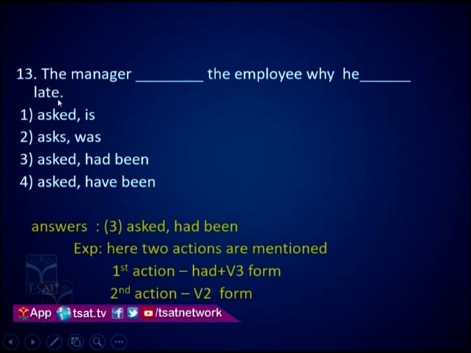In the first one, you will use the V2 form of verb, that is asked. The manager asked, V2 form of verb, the employee why he had been late. So there are two actions, one in past form, the other in past perfect form. The second action happened before this. The first action is he came late. The second action is the manager asking him why he came late.